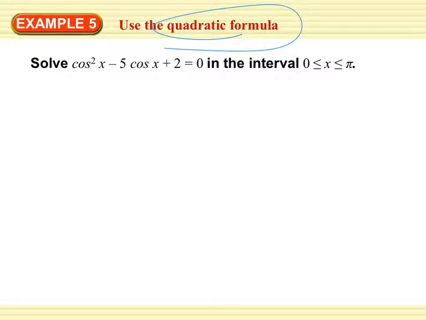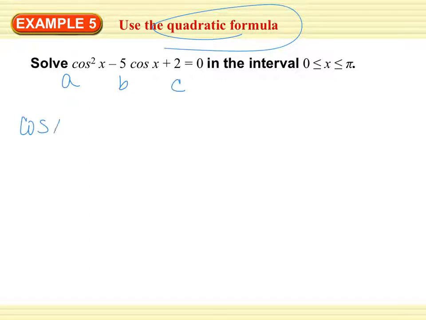Amazingly enough, an equation can be in a quadratic form, so we can use the quadratic formula. I know it's weird, but here I have cosine squared x minus 5 cosine x plus 2. So we really have ax squared plus bx plus c, and I can use the quadratic formula for it.